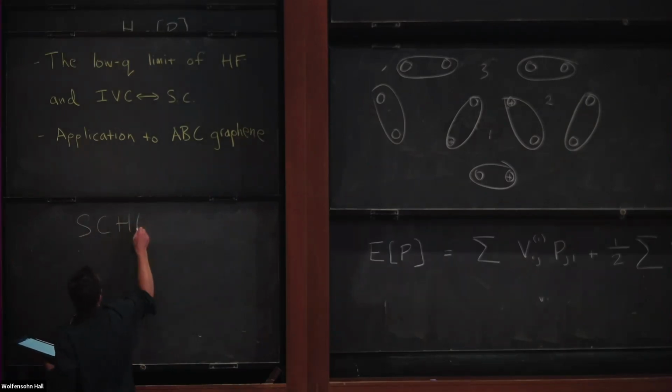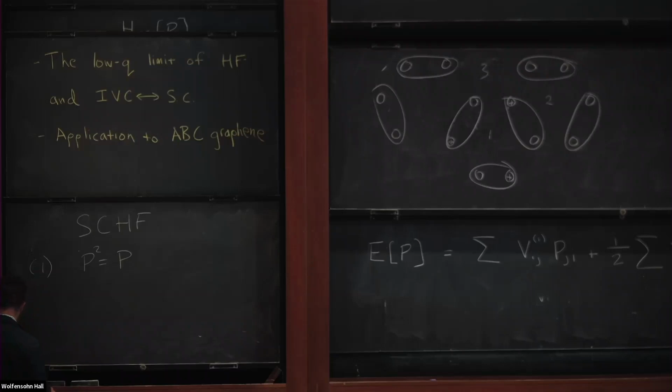Step 1, pick some projector as an initial guess. Step 2, using your knowledge of the matrix elements, form the Hartree-Fock Hamiltonian, which is just a usual one-body Hamiltonian, a matrix in the space of single particle orbitals. Then diagonalize the Hartree-Fock Hamiltonian.